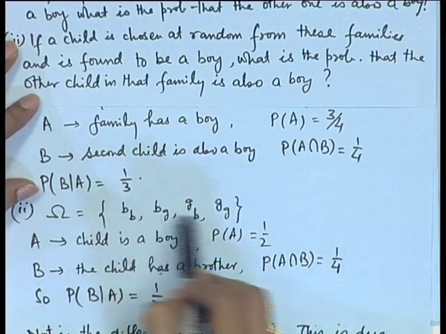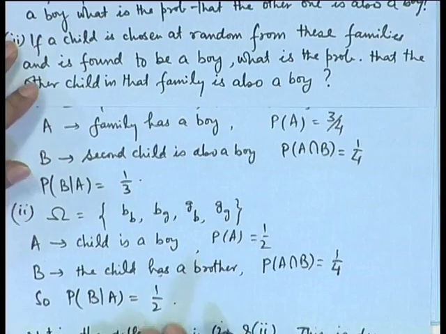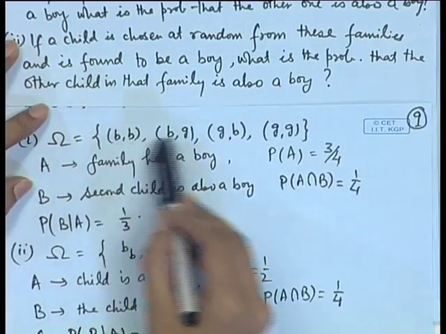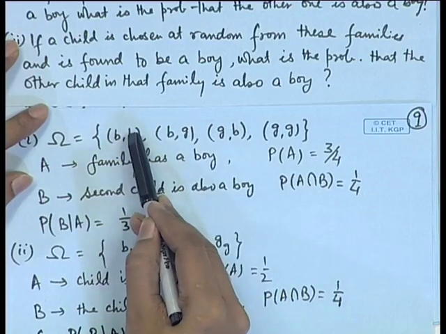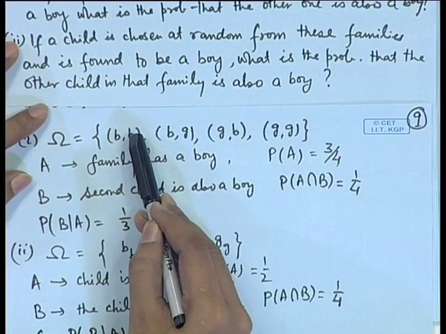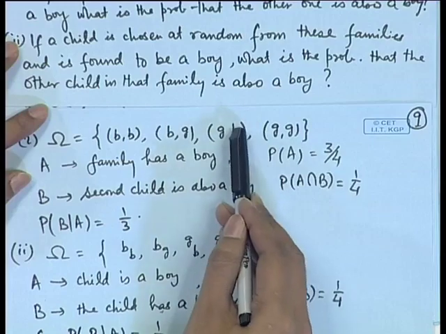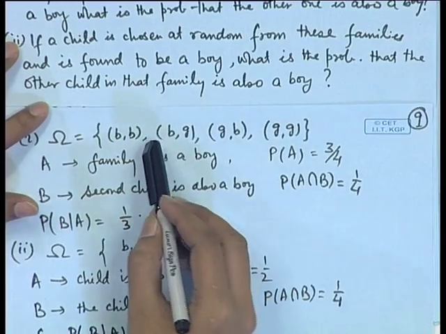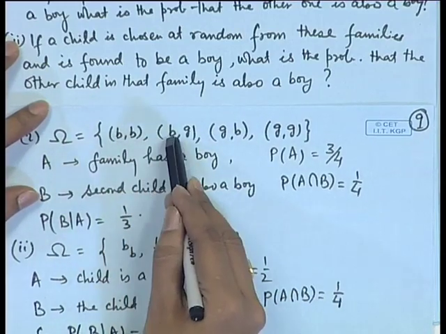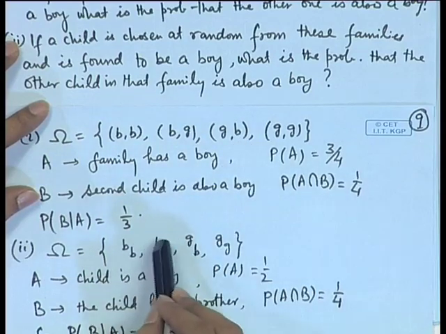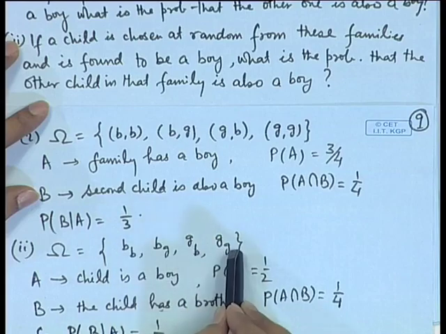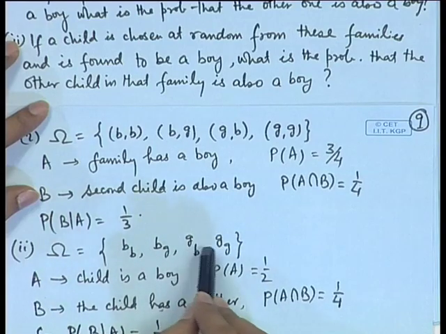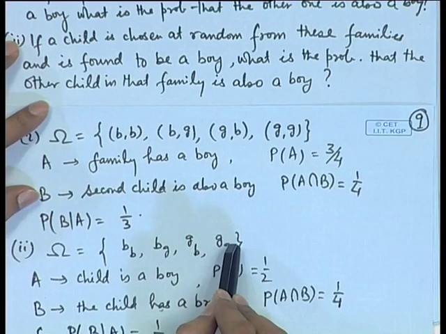So, here you can see the representation of the sample space is different, although you may feel that we have written it in this way, boy, boy, boy, girl, etcetera. It can also be considered as a brother or sister relationship. However, it is not so, because there we are choosing the family randomly, whereas here we are choosing a child. So, the child may have a brother or sister. So, the representation of the sample space is quite different.